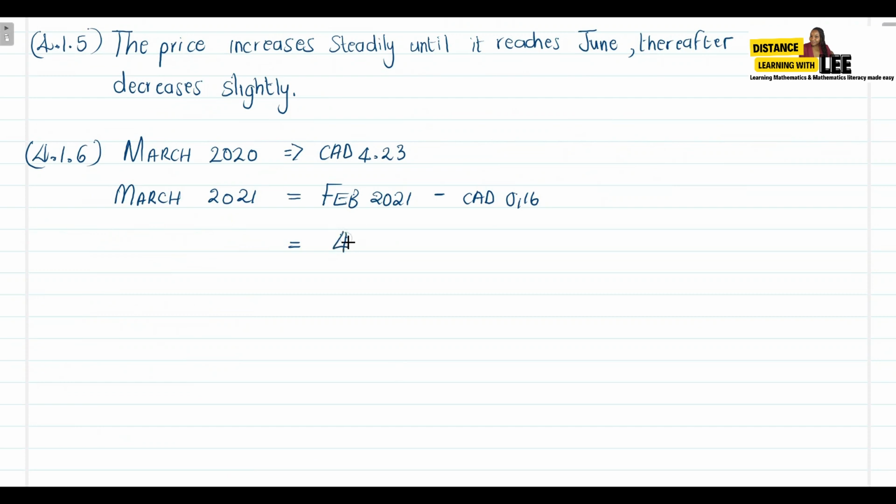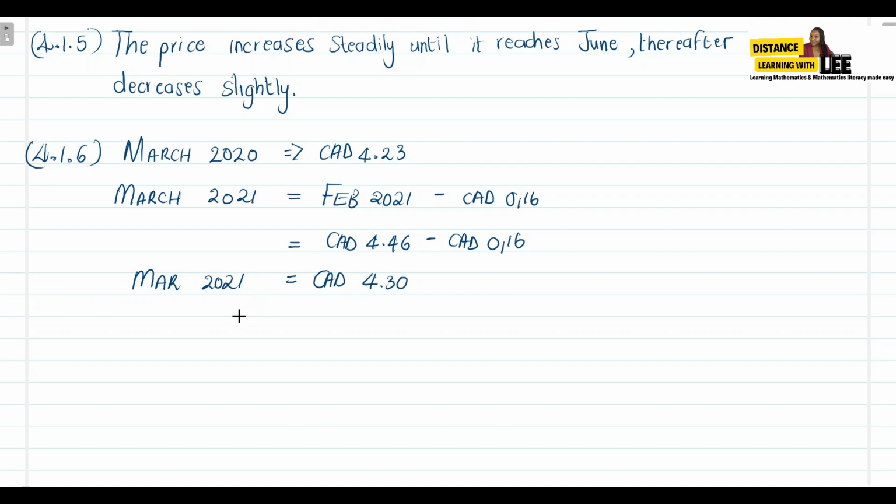So 4.46 Canadian dollars minus 0.16 Canadian dollars. If you punch that into your calculator, you'll get 4.30 Canadian dollars. So that is the price for your March 2021.